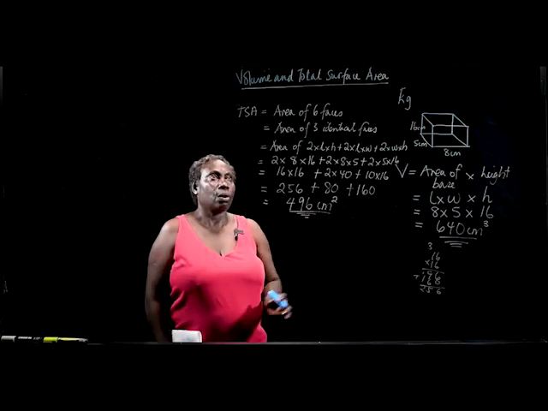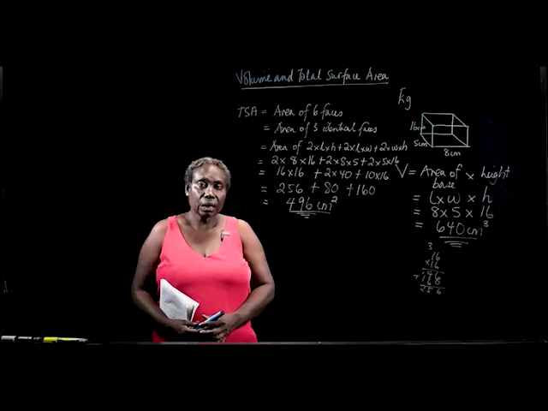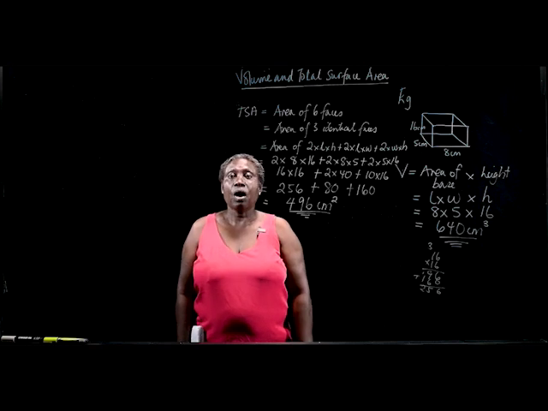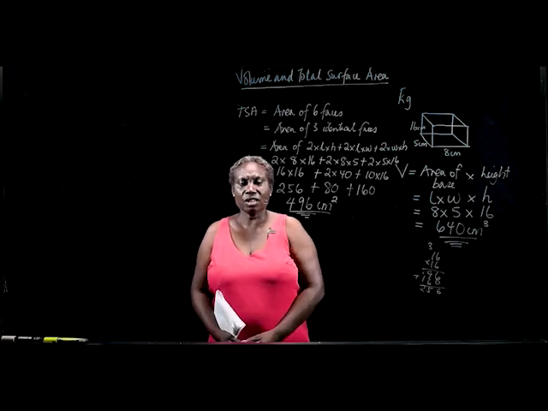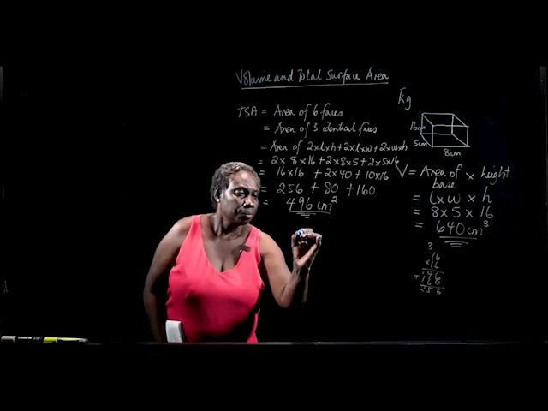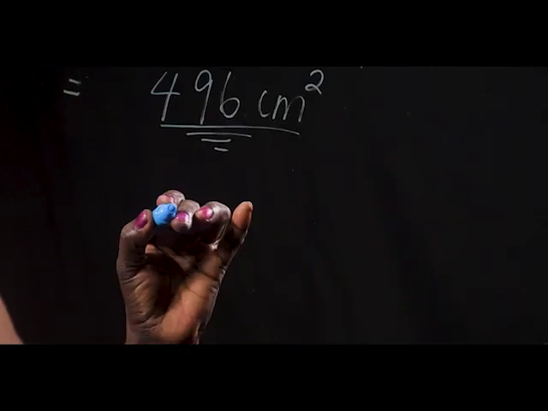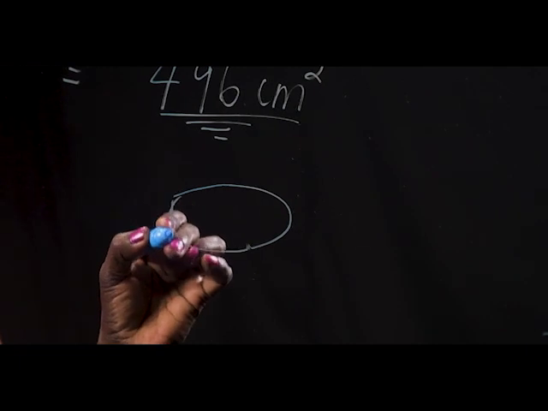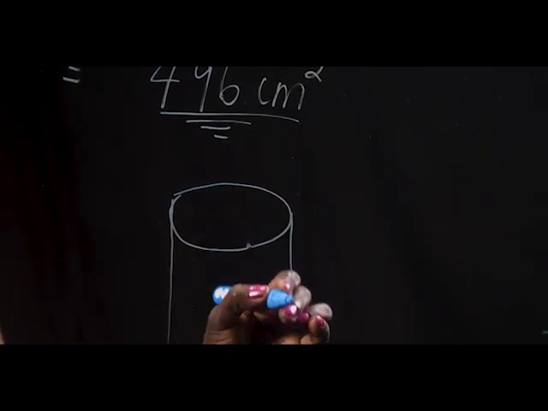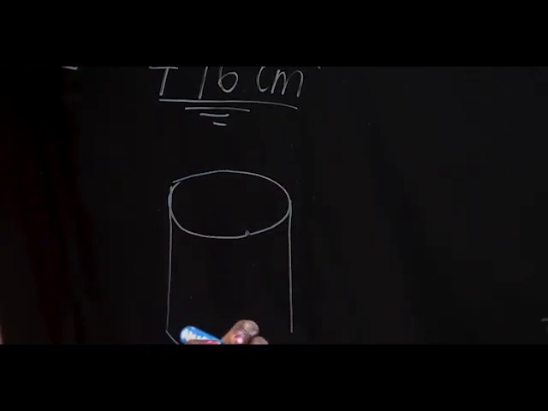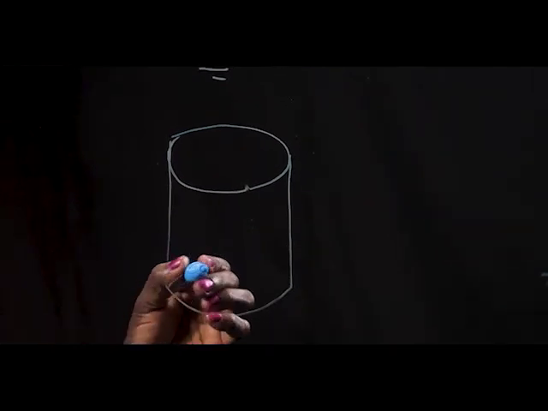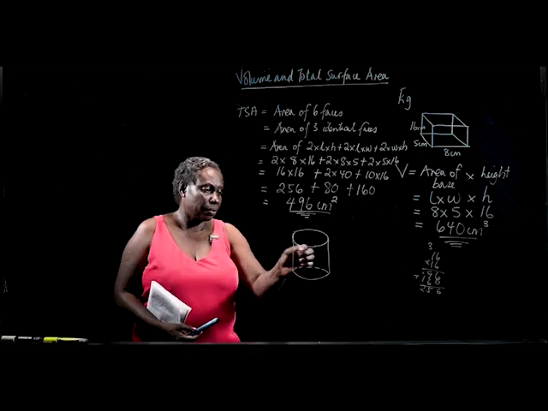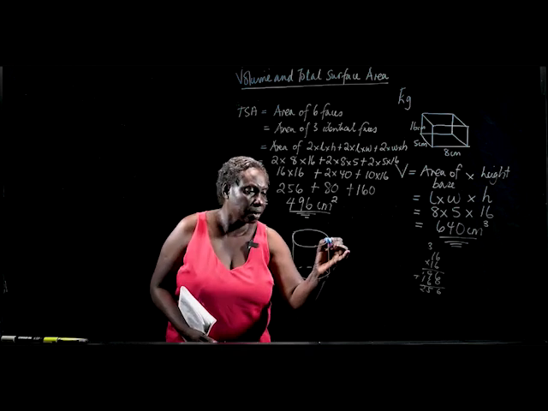Okay. Now, we have one more example in which we are going to calculate the volume and the total surface area of a cylinder. Okay, let's look at a cylinder. A cylinder is a three-dimensional figure who has two circular faces and a curved surface.